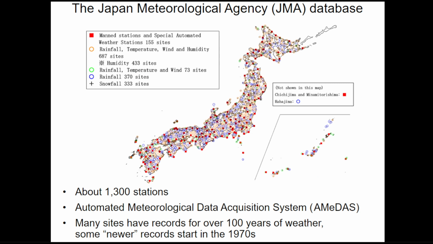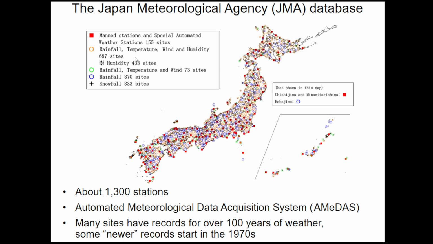So a quick review, the JMA database is based on the network of about 1,300 weather stations. Most of them are called the AMEDAS, the Automated Meteorological Data Acquisition System. And they're all over the country. There are some major stations with all types of data at over 150 sites, mostly in big cities or points of interest, and scattered to make a pretty uniform network.